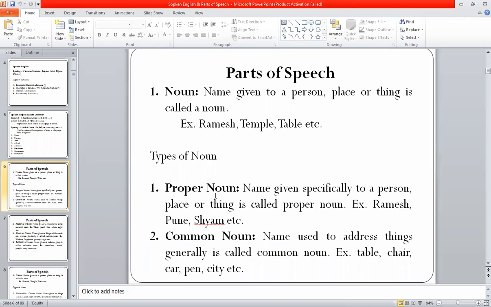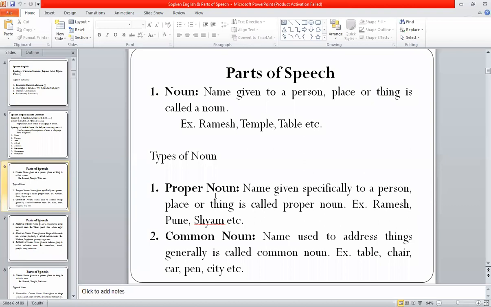The noun is the name given to a person, place, or thing. Any type of noun is a name of a person, a place, or a thing. The thing may be living or non-living. So noun is a naming word.